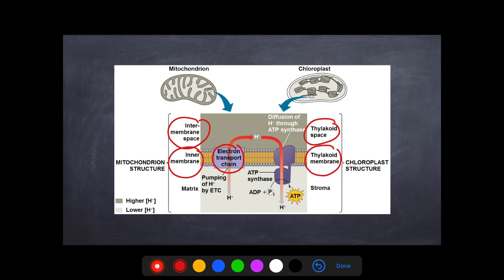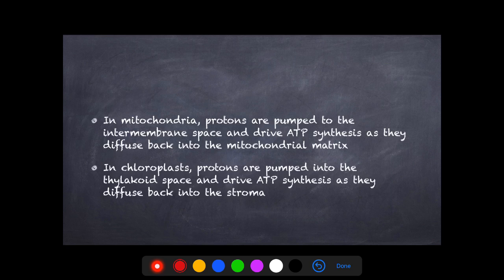You can see the electron transport chain, and that's how they move hydrogen ions around. And then you have also something called ATP synthase, which helps in the production of ATP. So they have a lot of different spaces, but the main thing is they're both involved in making energy for whatever organism they're part of.